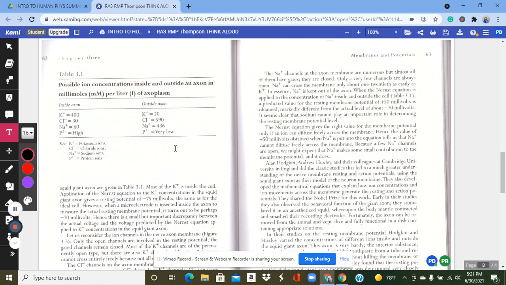However, when a microelectrode is inserted inside the axon to measure the actual resting membrane potential, it turns out to be perhaps negative 70 millivolts. Hence, there is a small but important discrepancy between the actual voltage and the voltage predicted by the Nernst equation applied to the potassium concentrations in the squid giant axon.